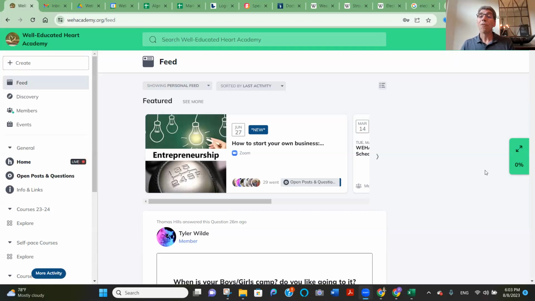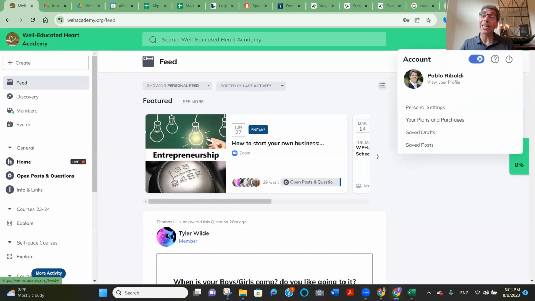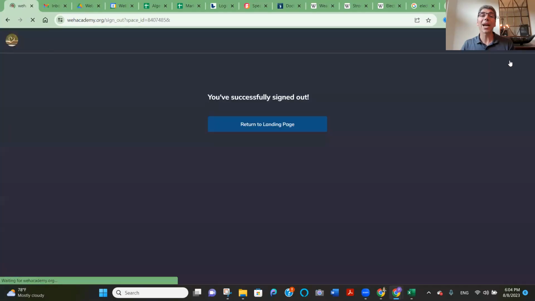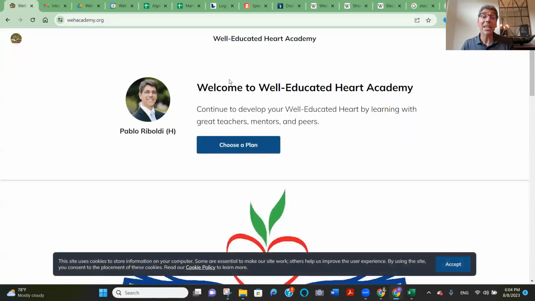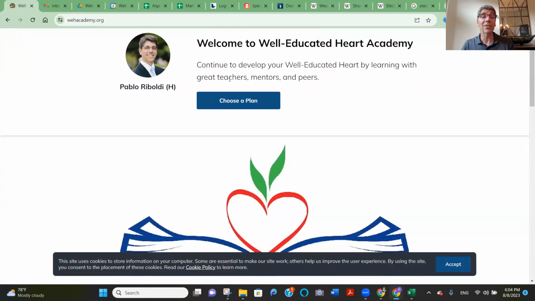First of all, you log out by clicking on your profile icon, and then you have this power icon here on this corner. You click in there and it takes you back to the landing page. The landing page is basically the home page where you can start.